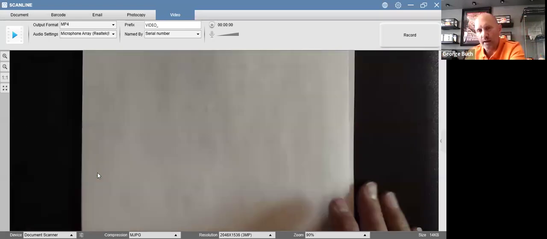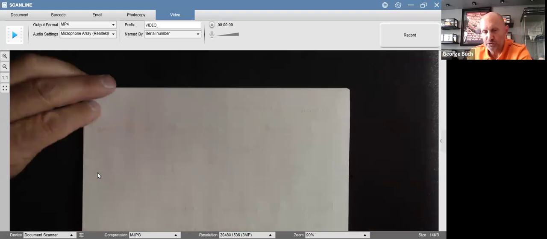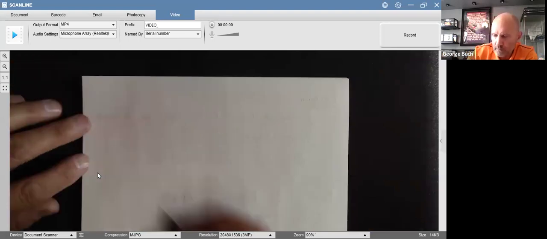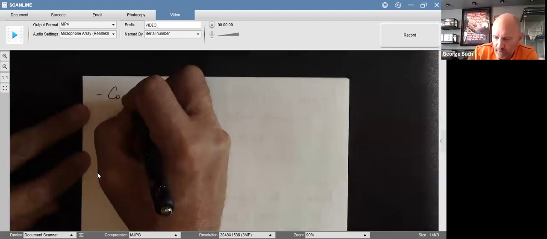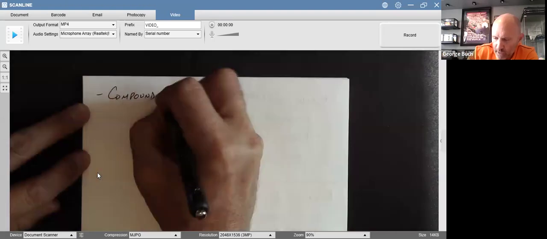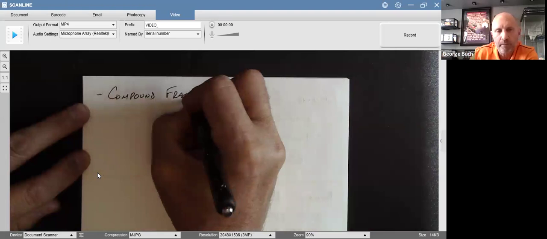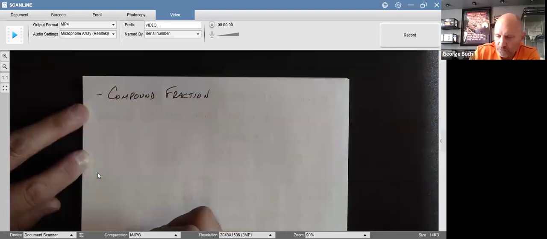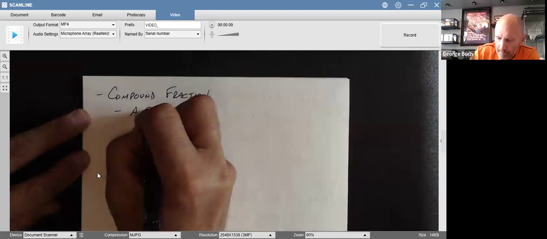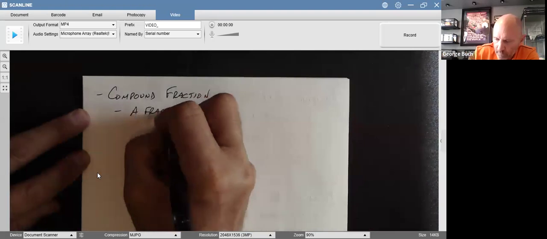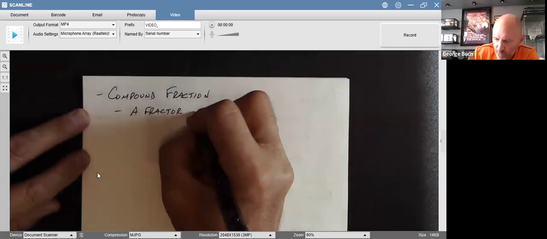We also have within this rational expression the complex version of these guys, which is something called a compound fraction. And this is just a fraction with more fractions.